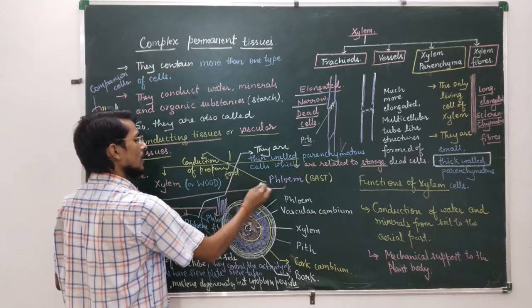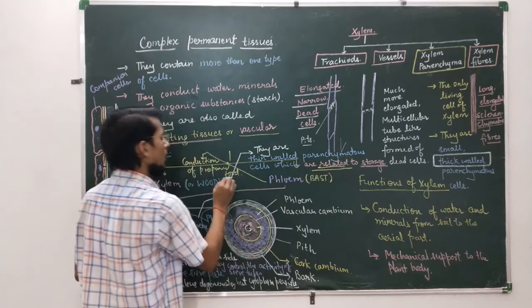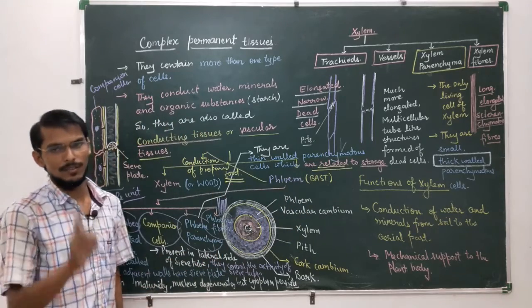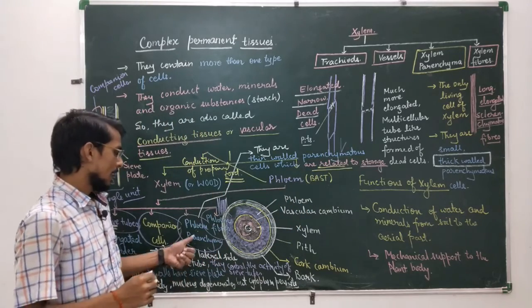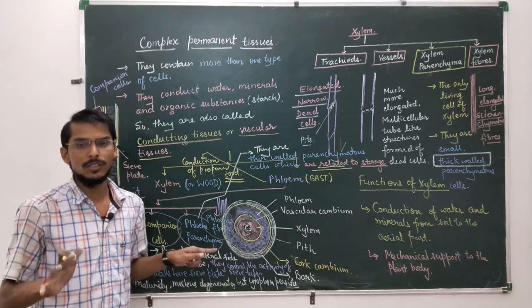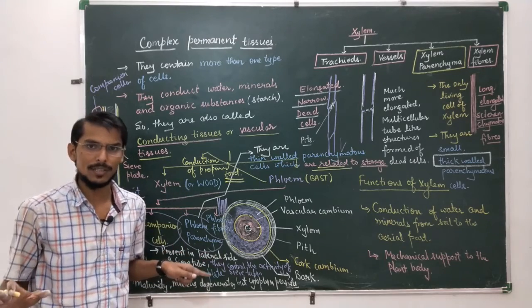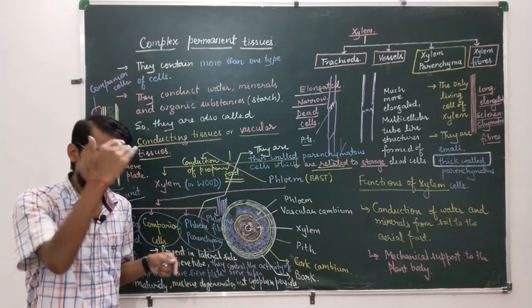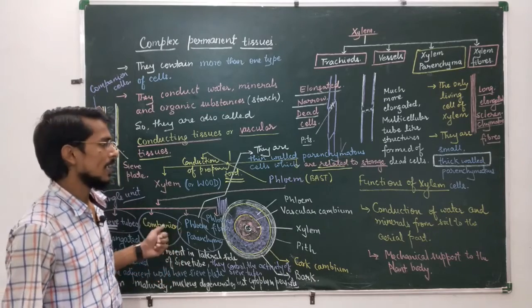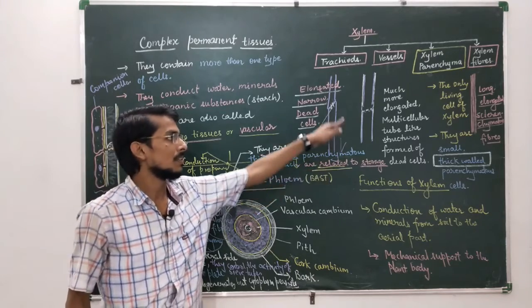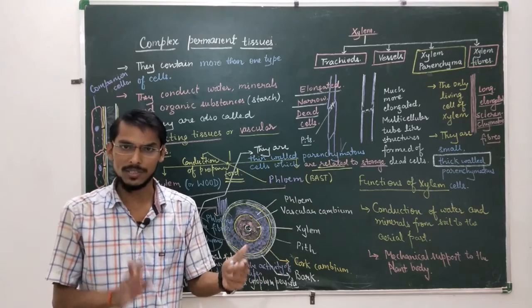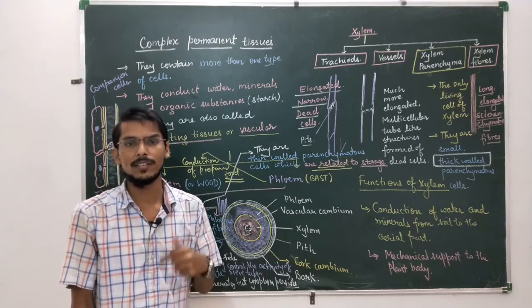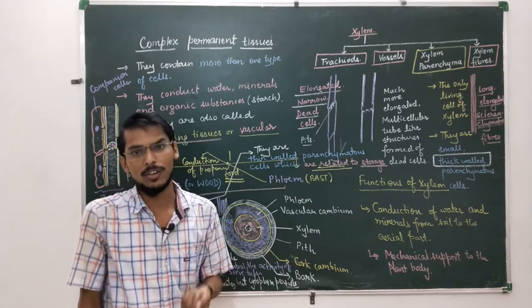and storage. There are 2 important functions of phloem. The first is that it distributes prepared food throughout the plant body, in the aerial part and the part below the ground. The second function is storage. But xylem is not related to storage. Xylem has no function related to storage of substances.